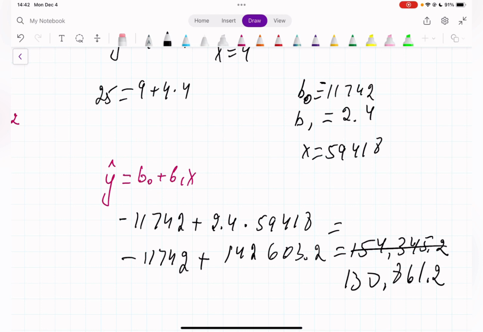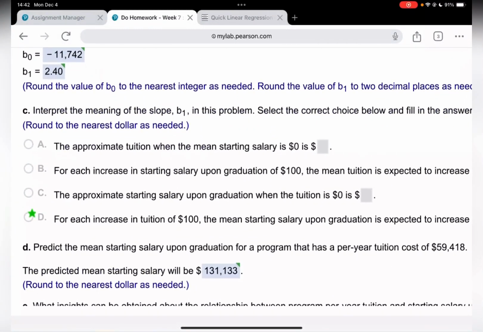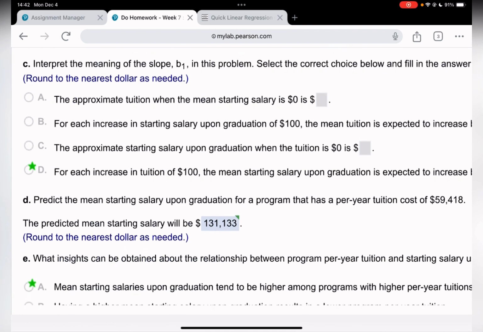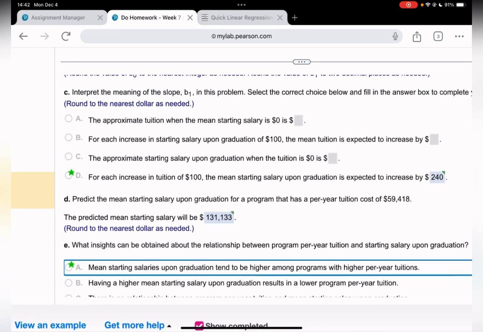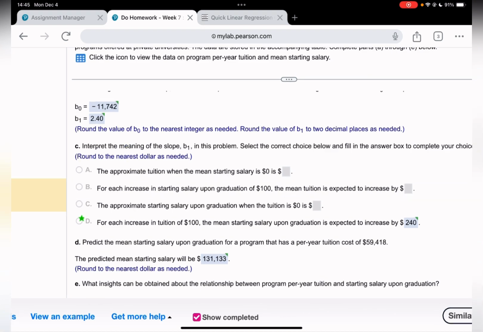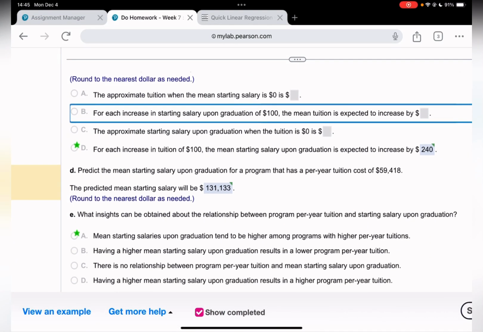I got 130,861. That is very weird. But I assure you, the calculation is correct. So if something is wrong and you don't get the answer, just let me know. I'll give you credit for that.